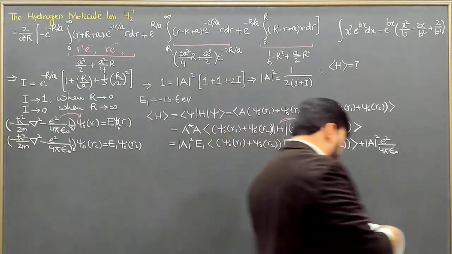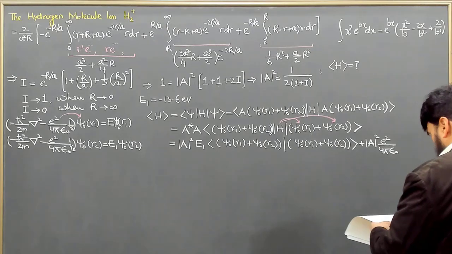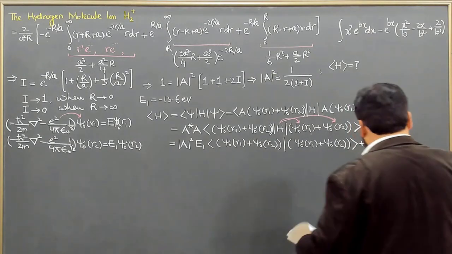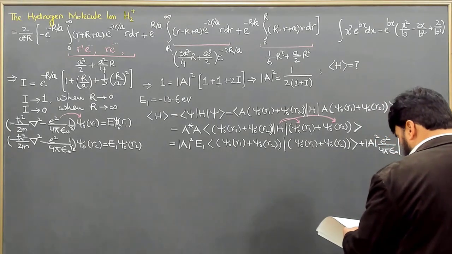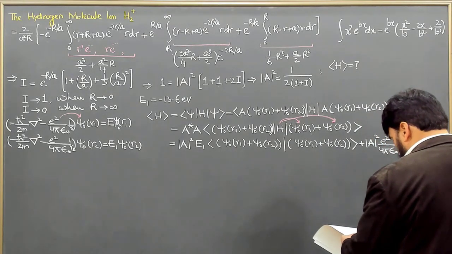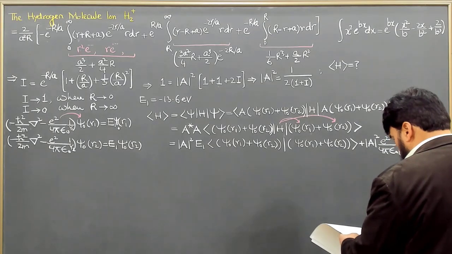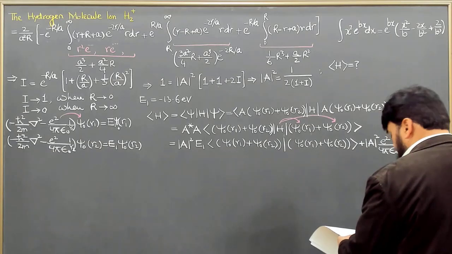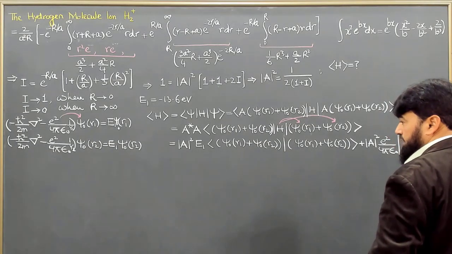So I will have this thing equal to, here, and this I write is psi naught R2 over R1, psi naught R1, and then psi naught R1 with R2 here.